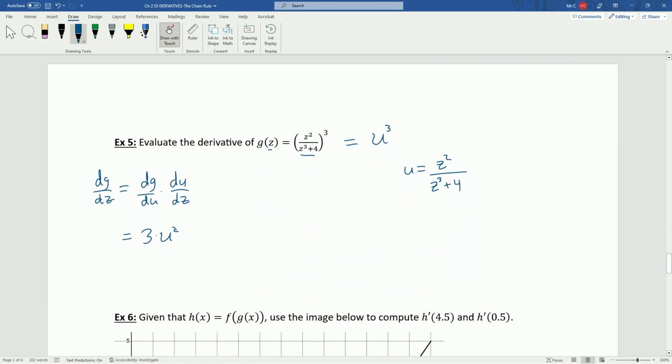All right, where were we? So we get 3u squared times du dz. So same old quotient rule. Low d high minus high d low over the low squared.